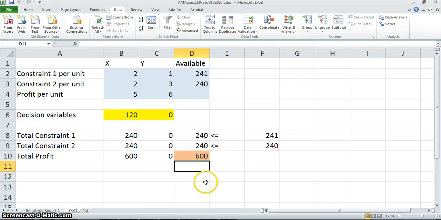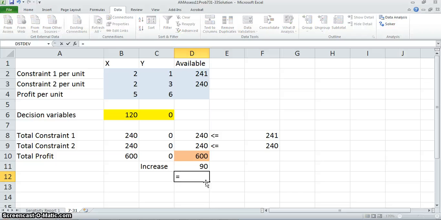Now the profit increases to 600. The original was 510, so this is an increase of 90.